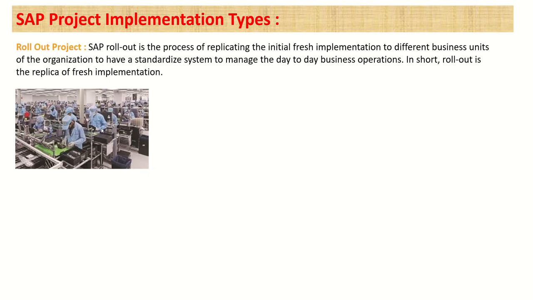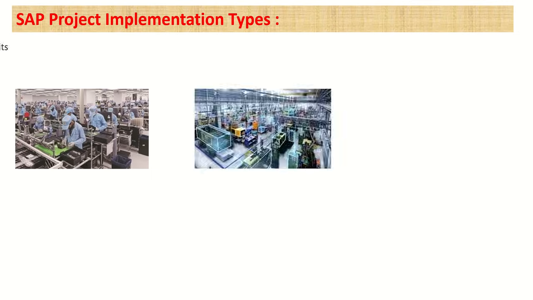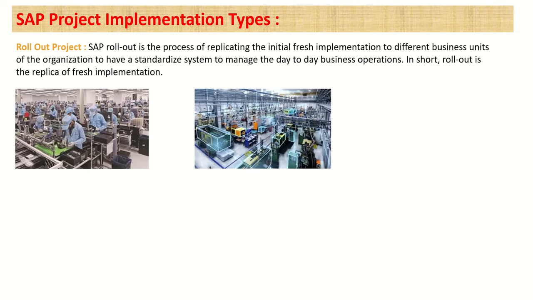After some months, if they open any new plant, or they have an existing plant but currently are not using SAP for that, what they will do is replicate all the configuration which they have done for the first plant, the first company, with new IDs and everything, to the new plant. Those types of projects are called rollout projects. That is replicating the existing implementation of one company, one plant to a new company or new plant.